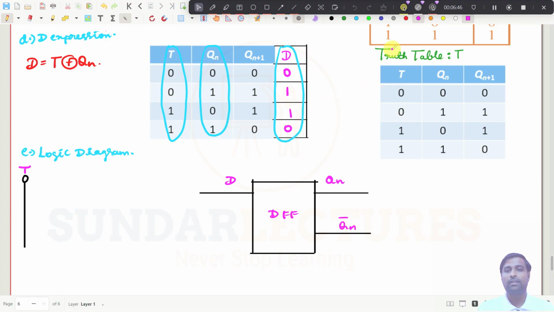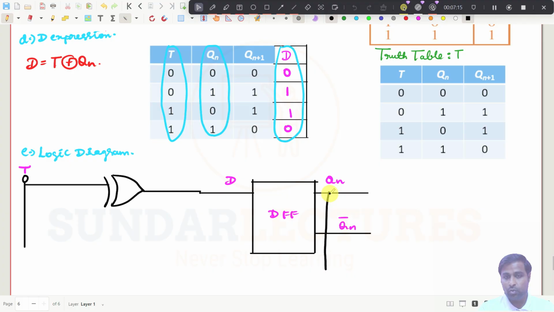So the point is, what do we need to do now? We need to write the expression. That means we need to put an XOR gate. So that is the idea. This should be connected to D. One input is T, and another input is Qn bar.